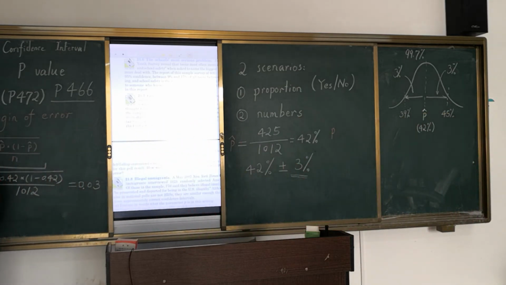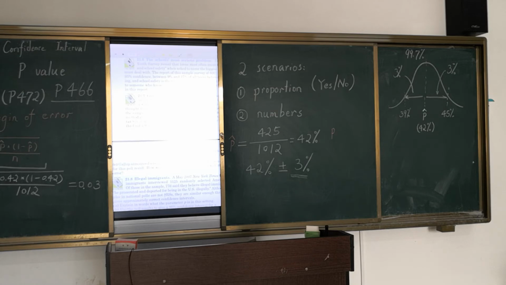This Z value is 3. Okay? So this will be bigger. I don't know.